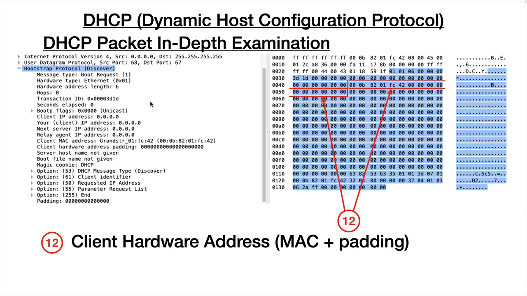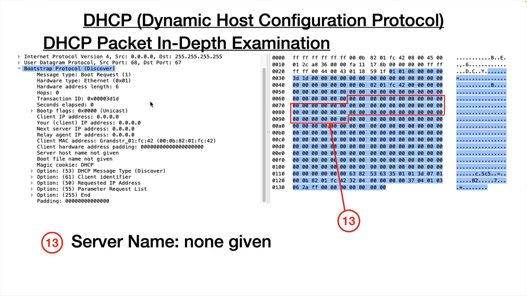Here is the hardware address. So the first 6 bytes are the MAC address, and the rest is padding because we don't need the other 10 bytes for our MAC address. This is where the server name would be. These are all 0s, so no server name was given.